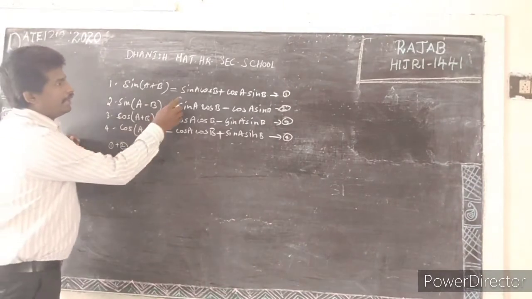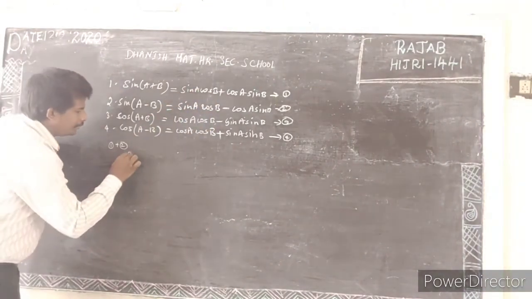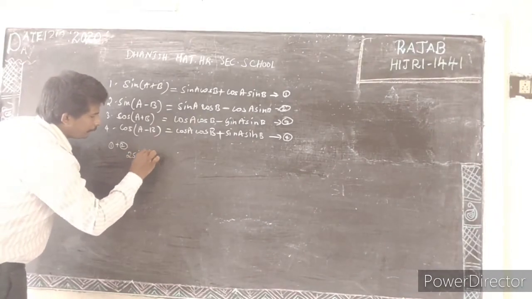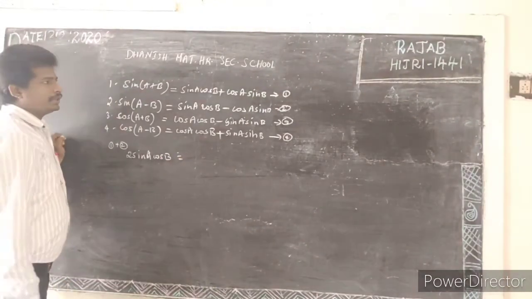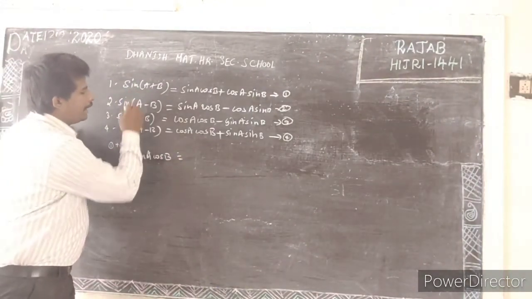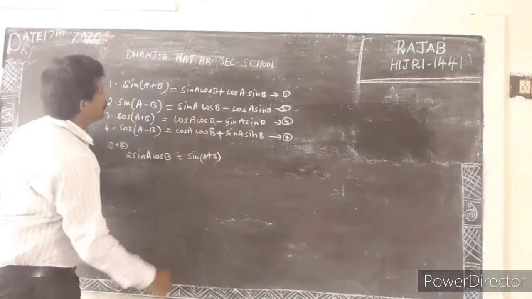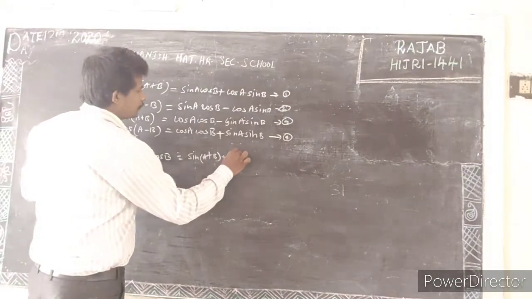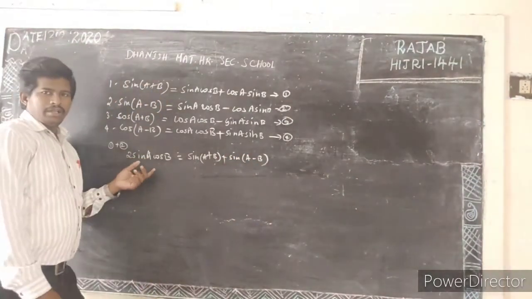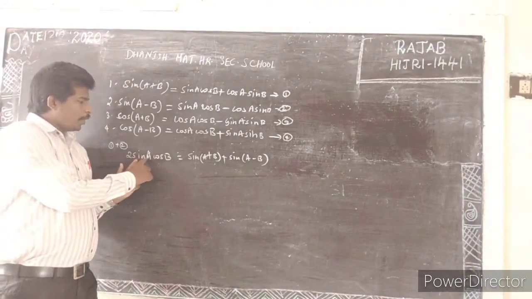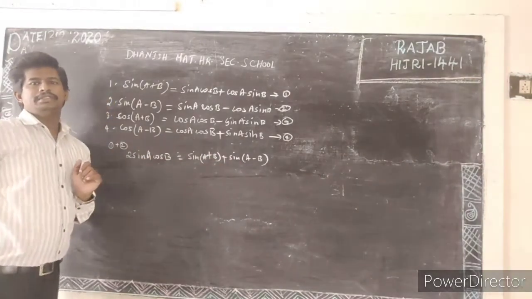So, we will have sin A cos B as well as sin A cos B. So, we will have 2 sin A cos B equal to sin of A plus B plus sin of A minus B. Look at our result. Here we have expressed the product of sin and cos as sum of sin.